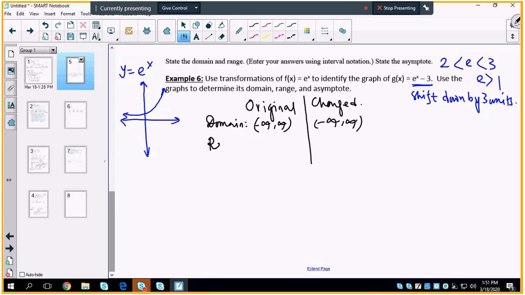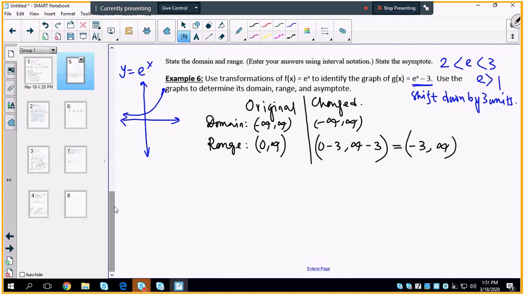The range is on the y-axis, and the range was 0 to infinity, but now I have shifted it down by 3 units, so subtract 3. So you get 0 minus 3, comma infinity minus 3. Just remember, if you subtract anything from infinity, it doesn't change anything. So I get negative 3 to infinity as the range.